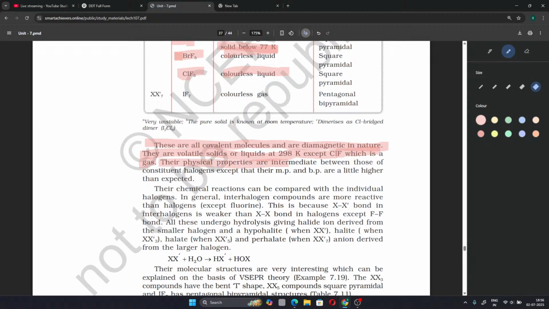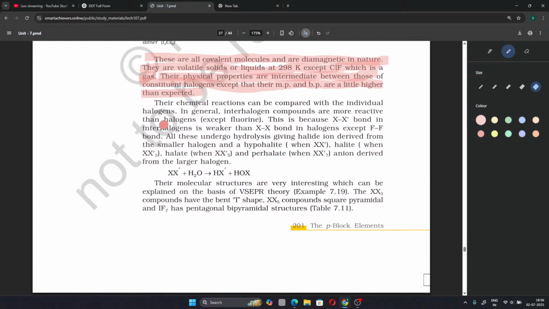Their physical properties are intermediate between those of the constituent halogens, except that their melting and boiling points are a little higher than expected, maybe due to an increase in their mass.